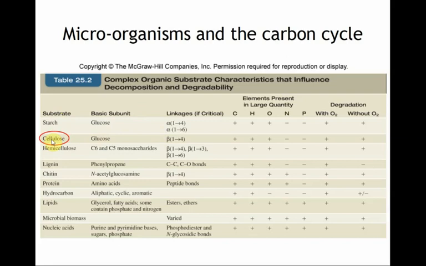Cellulose, of course, we cannot digest because we don't have enzymes capable of breaking this beta-1,4 glycosidic link. So many bacteria, like Ruminococcus, can do this. So these are commensal bacteria that live in herbivores.